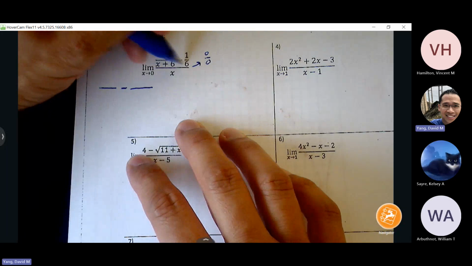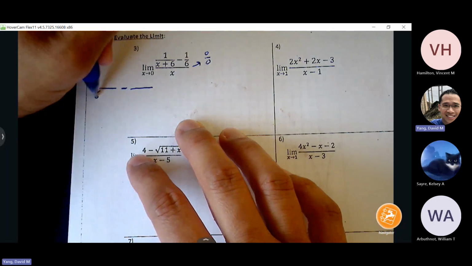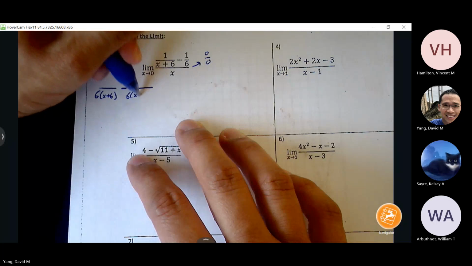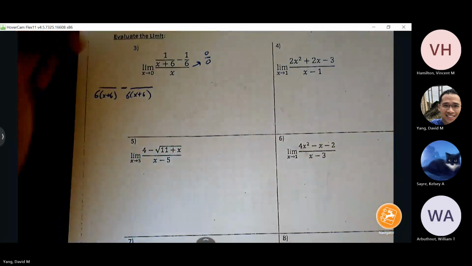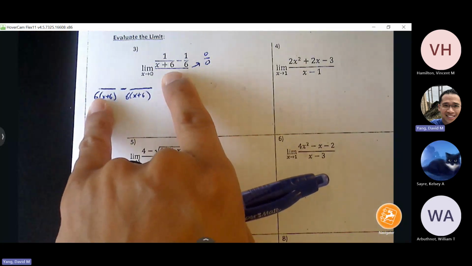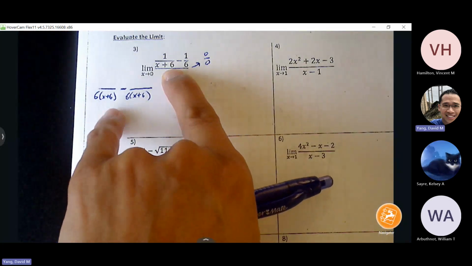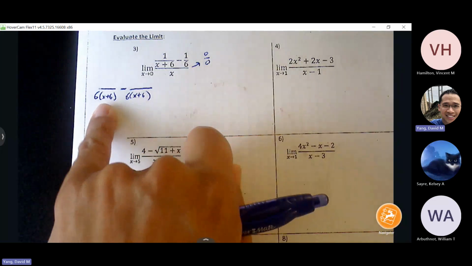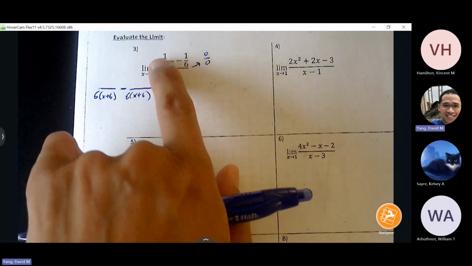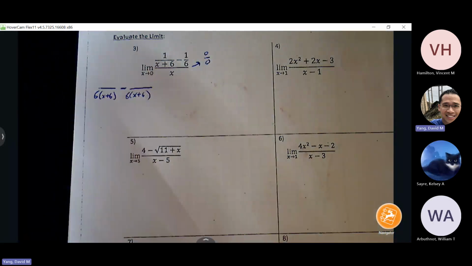My common denominator requires both the 6 and the x plus 6. If I compare my old denominator versus new denominator, my new denominator has an additional 6, so because of that change, I need to balance the numerator with that change as well.